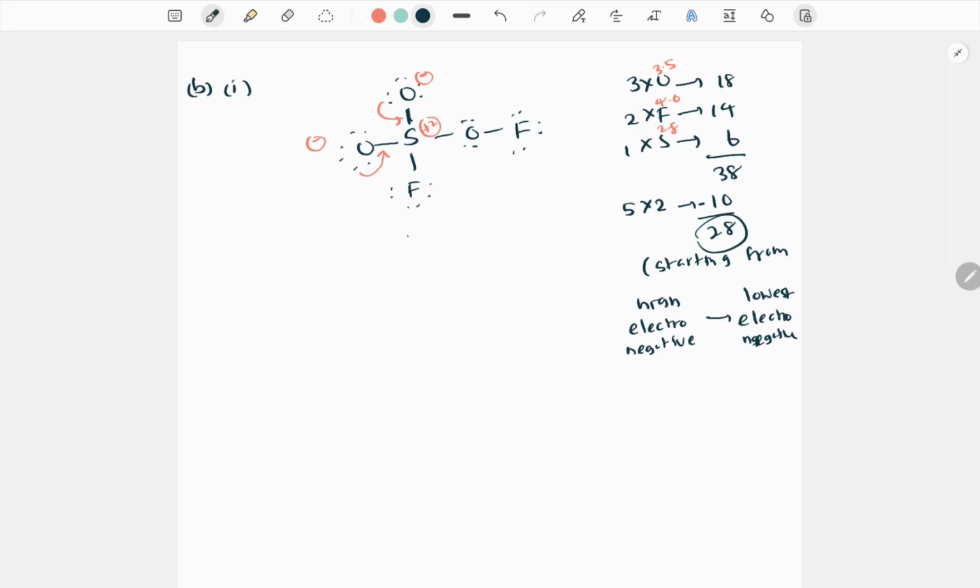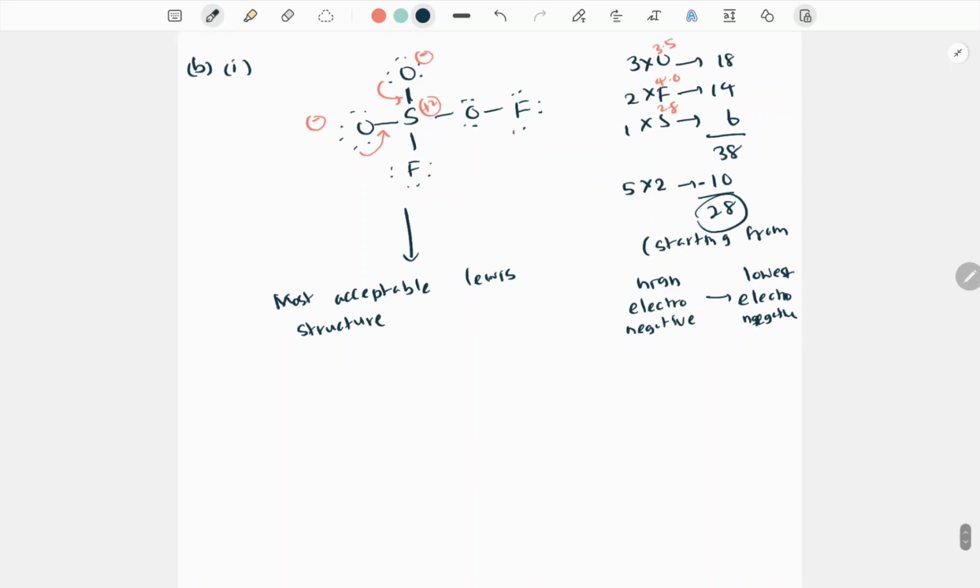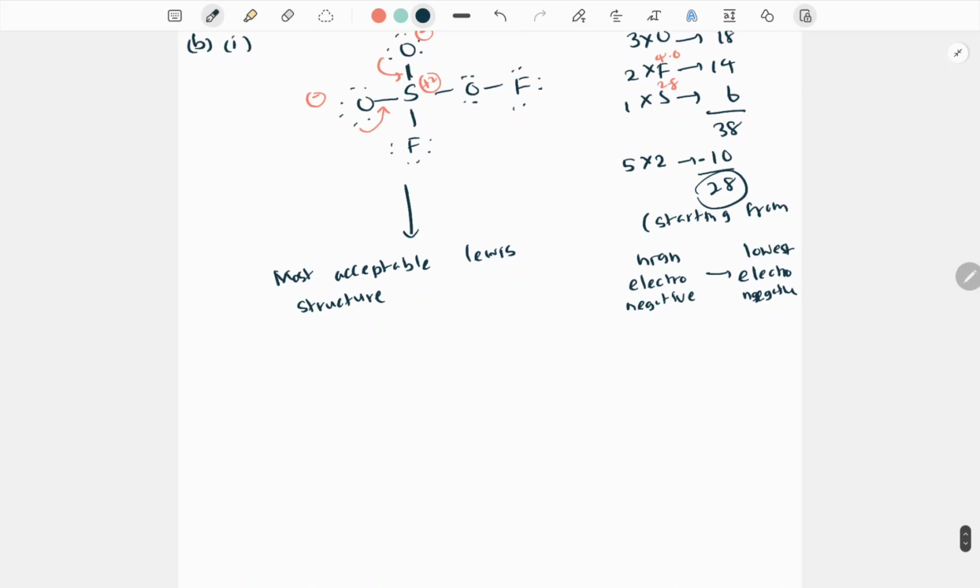Then we can get the most acceptable Lewis structure as this one: sulfur, fluorine, oxygen, fluorine, oxygen, fluorine. So we will be displacing these electrons.